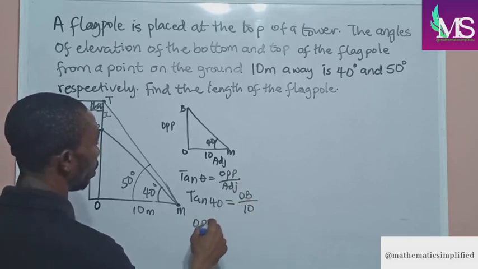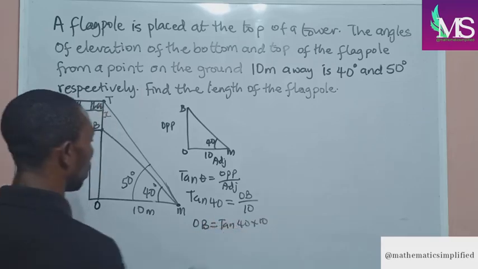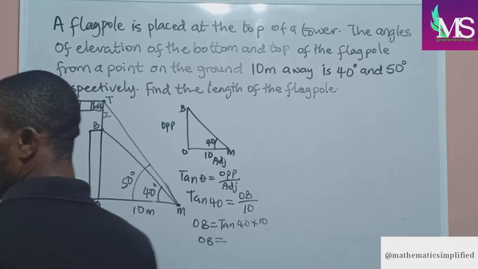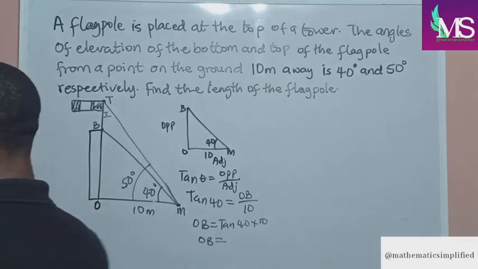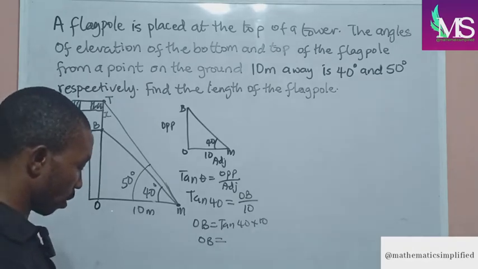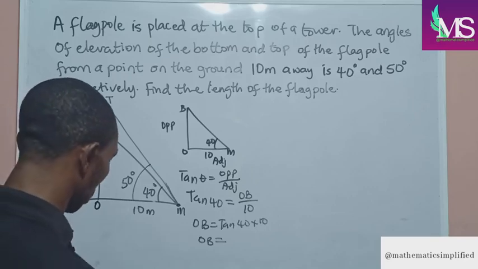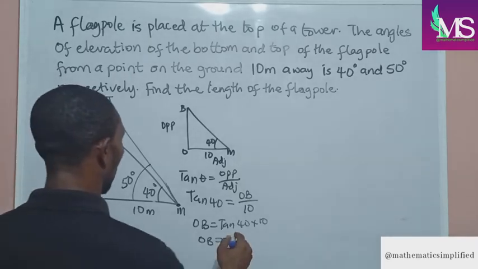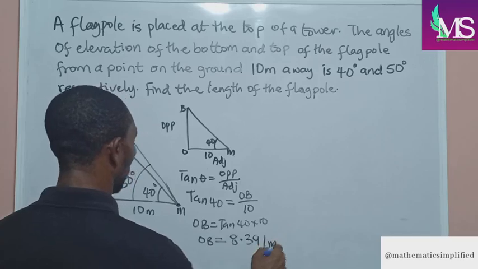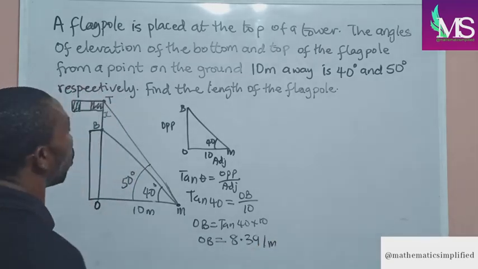So OB equals tan 40 times 10, which would give us 8.391 meters. So our OB is 8.391 meters.